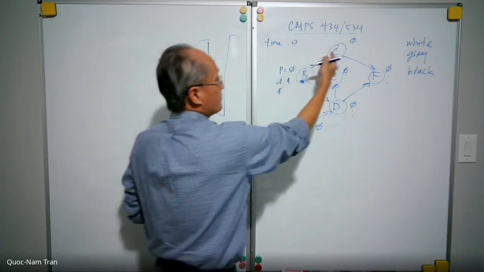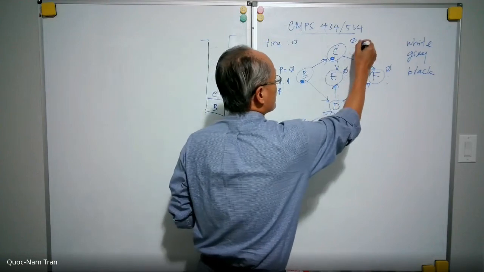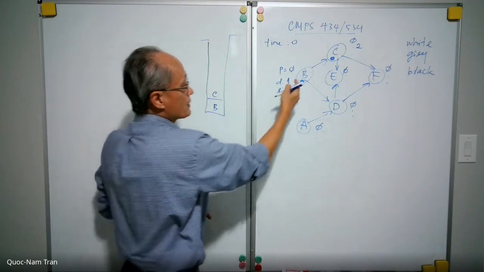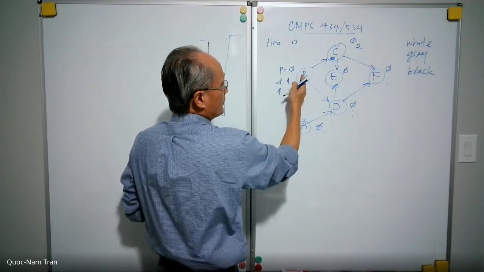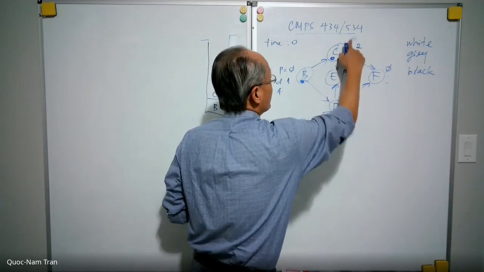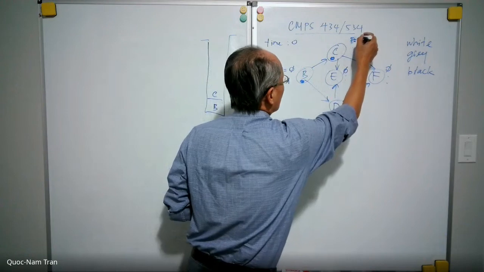At the same time, I will record the discovery time of C, now 2. And because I go from B to C, the parent of C will be B.